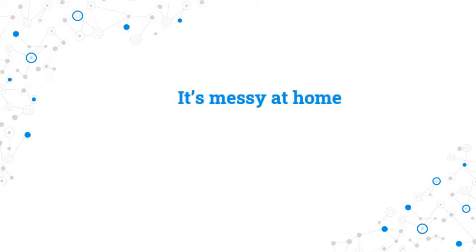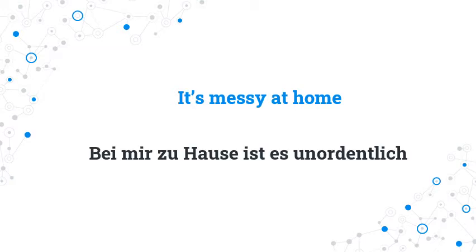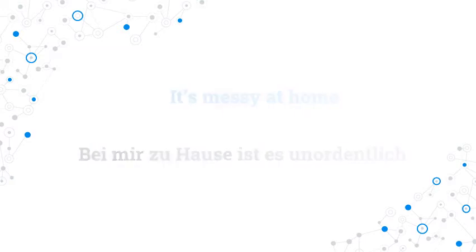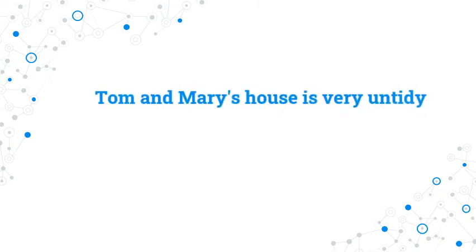How do you say, "It's messy at home," in German? Bei mir zu Hause ist es unordentlich. How do you say, "Tom and Mary's house is very untidy," in German?